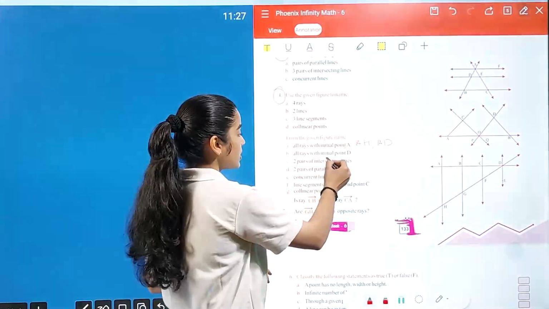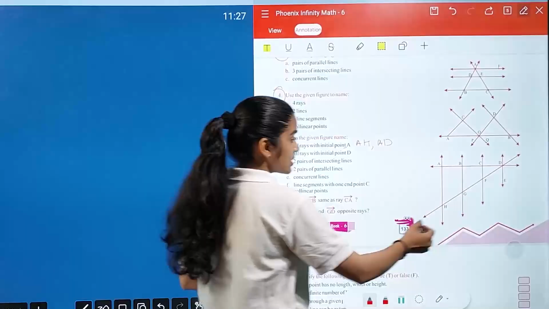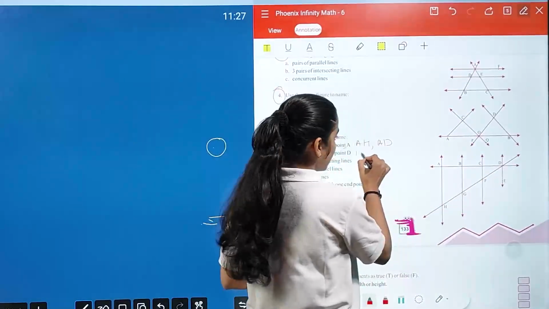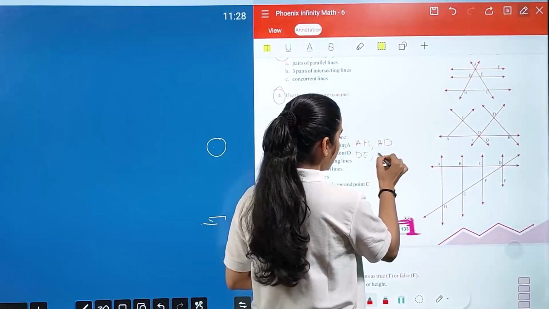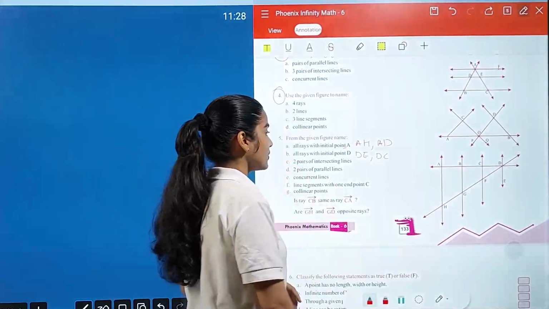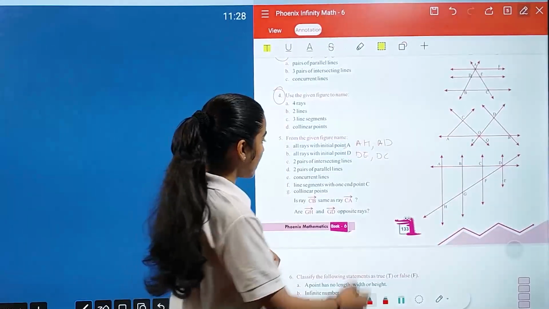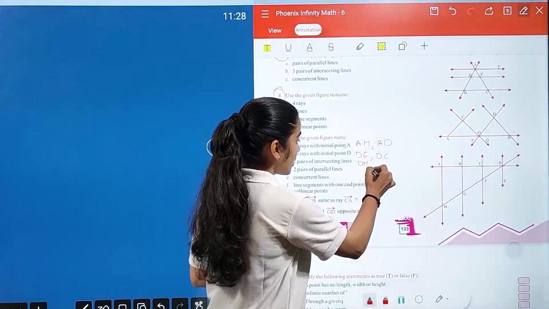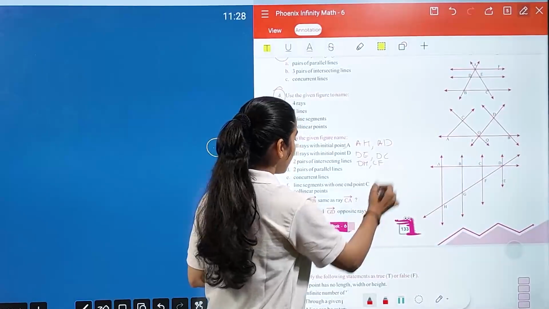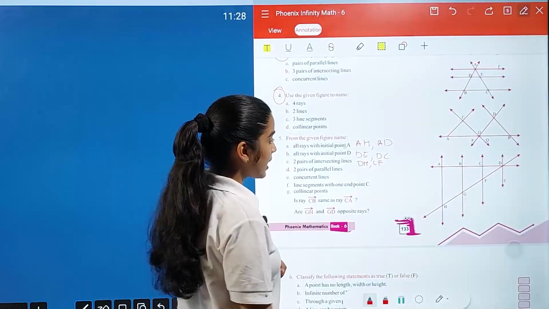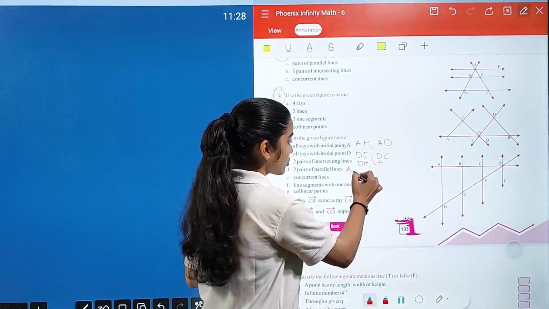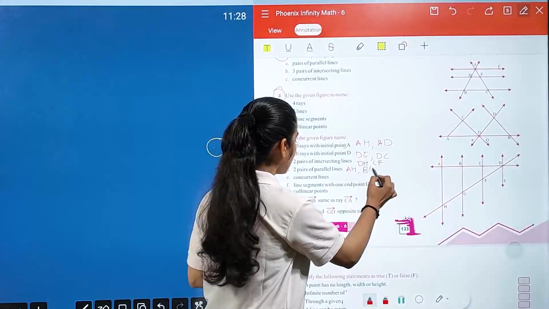Now all rays with initial point D. So here you can say DE and DC. These are the pairs. 2 pairs of intersecting lines we have are DH and CF. 2 pairs of parallel lines we have are AH and BG.